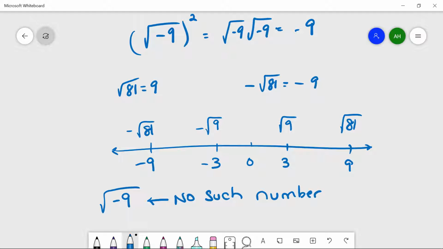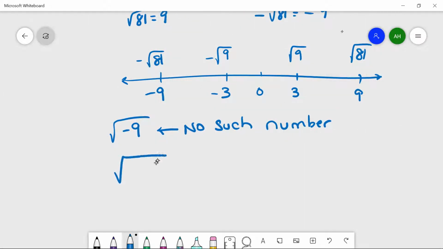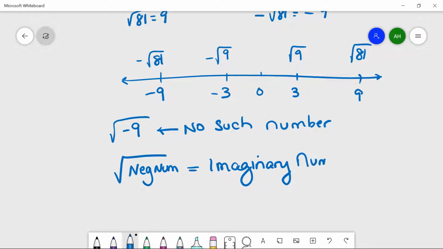So what we're going to say is that the square root of a negative number is an imaginary number. So let's think of that. The square roots of negative numbers are imaginary numbers. They're numbers that we can't find on the number line. We can do something with them, but we're not going to be able to find them on the number line.